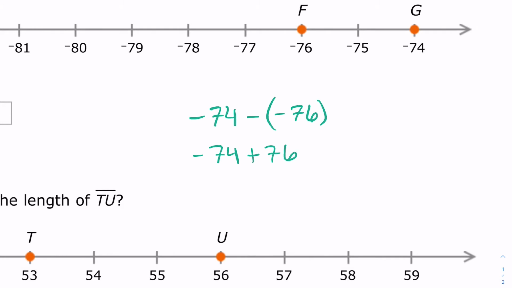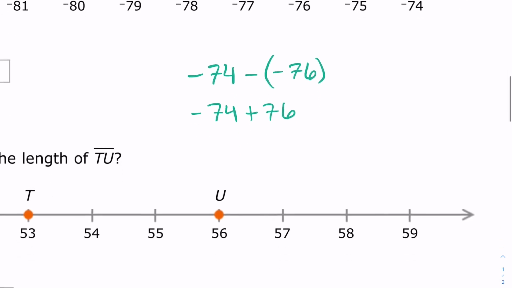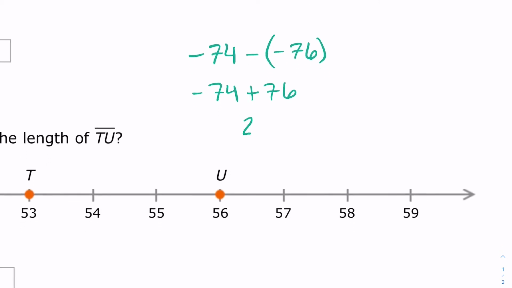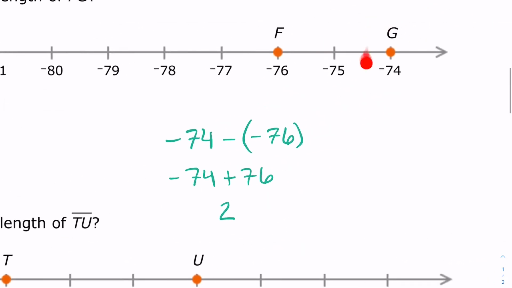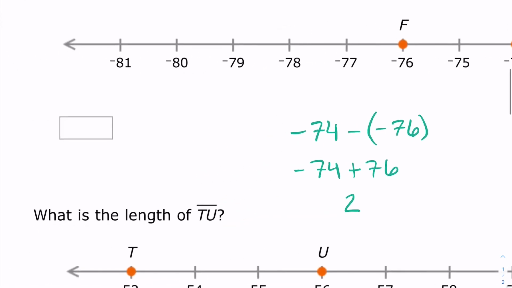So it's negative 74 plus 76, or 76 minus 74. So it's going to be 2. And as long as we do right minus left, so the greater one minus the lesser one, we'll always get a positive number. And so that is 2.